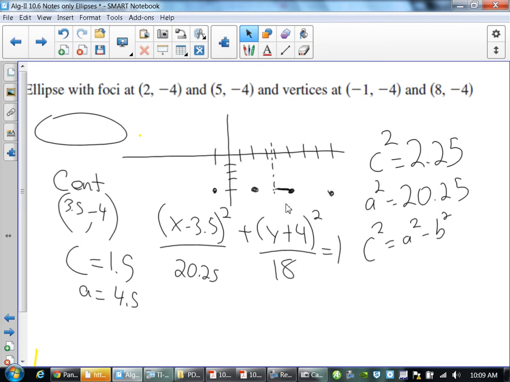I'm searching. I still have no idea. I just added the two numbers that are on the board. Just like last year. I was like, why is this not working? 20 1/4 minus 18 is 2.25.